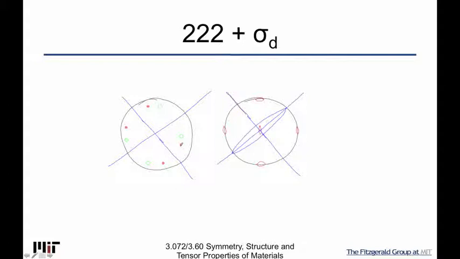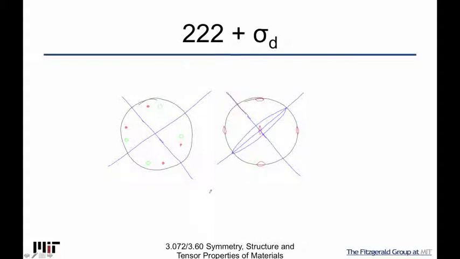Then I put them through an inversion in the center, and I would pop out on the other side with red and green over here, because I have the inverted set. It won't work with the inversion center alone, because if I go through here, I'd have green to green. So the roto-inversion is required, not a regular inversion.